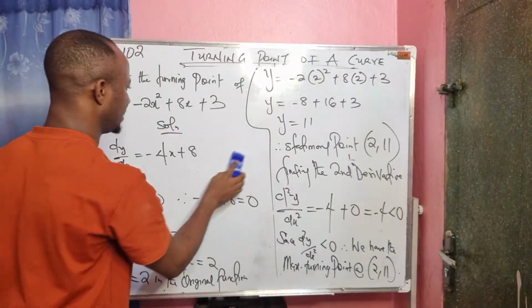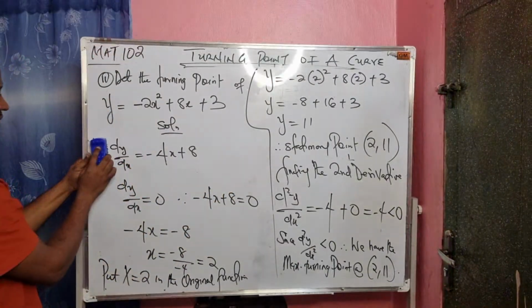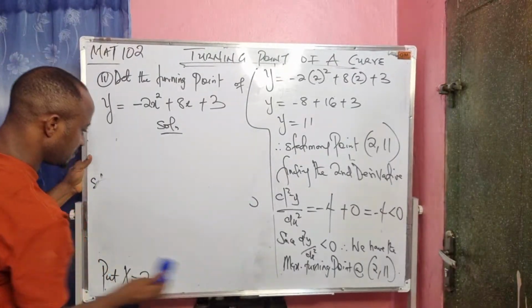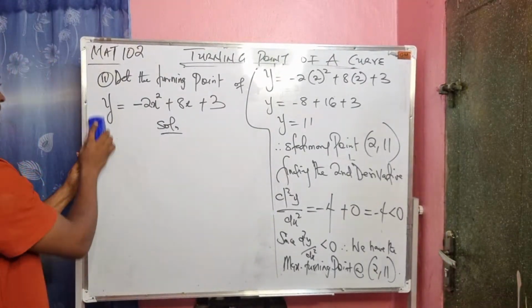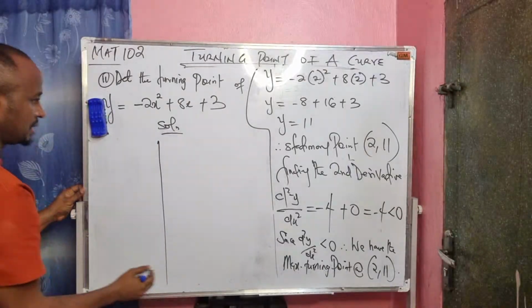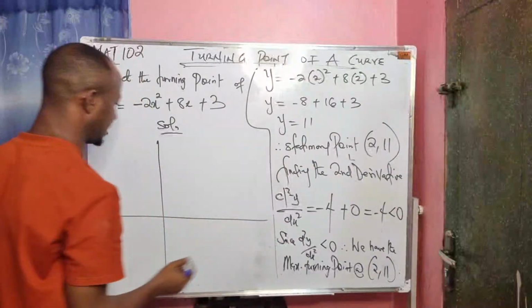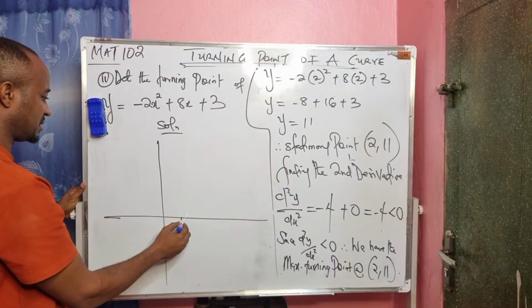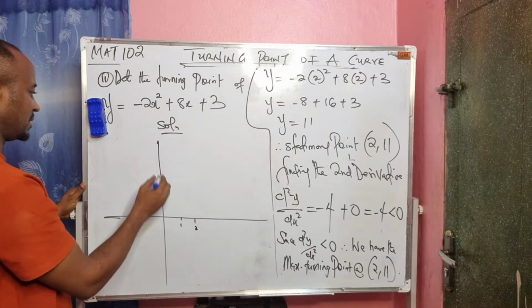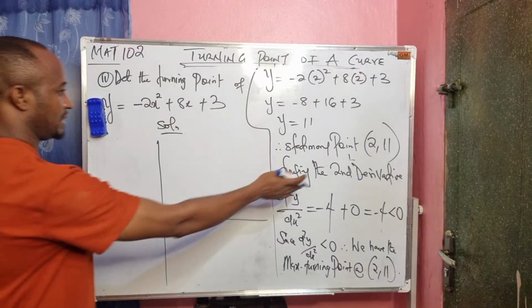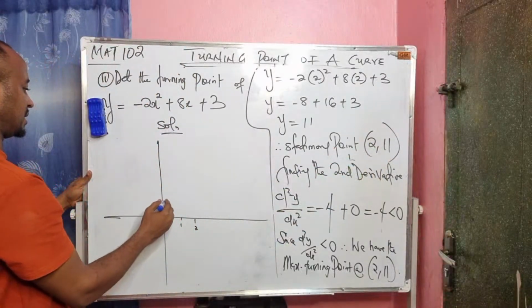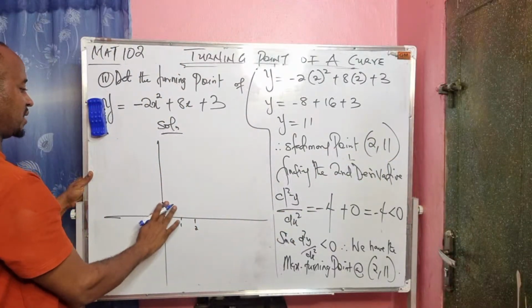Let me try and see if I can show us the nature of the graph. If I have a Cartesian diagram of this kind, let's say I have 1 here, and 2 here, and when y is 11, let's say I have point 11 here.